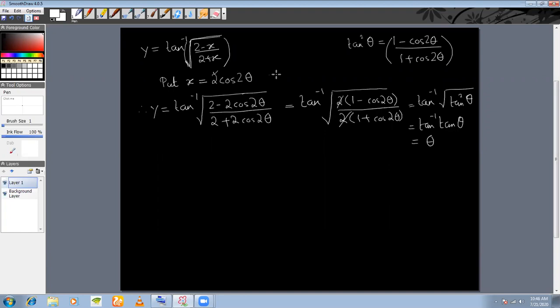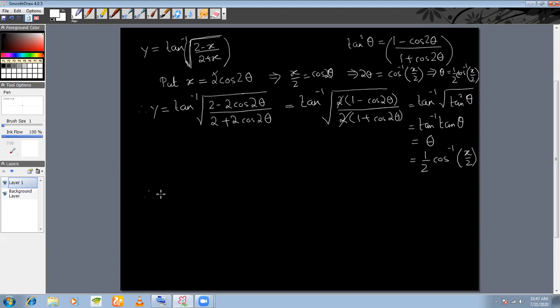But what is theta? This means x by 2 is cos 2 theta, that means 2 theta is cos inverse x by 2, that means theta is half cos inverse x by 2, right? So this is half cos inverse x by 2.